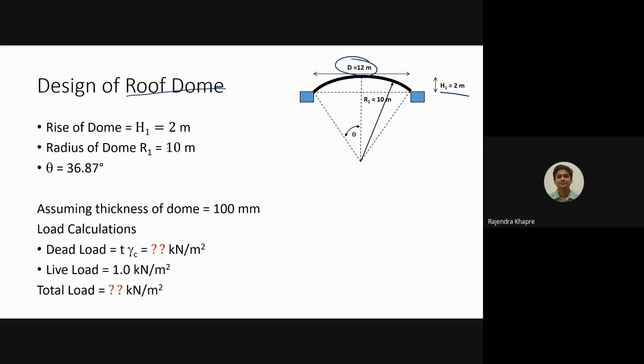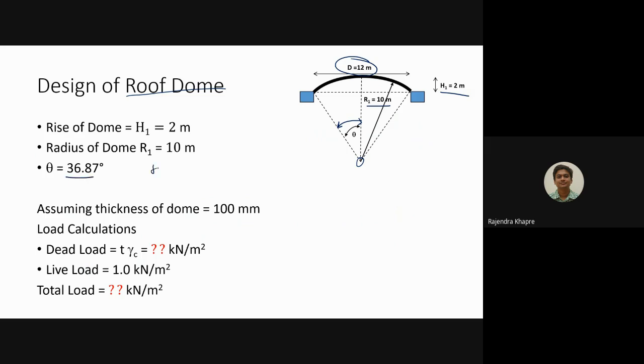And the radius, so this is the center. From the center, the radius is now 10 meters. If you take this angle, the angle between the vertical axis and where this dome is ending, this angle comes out to be 36.87.